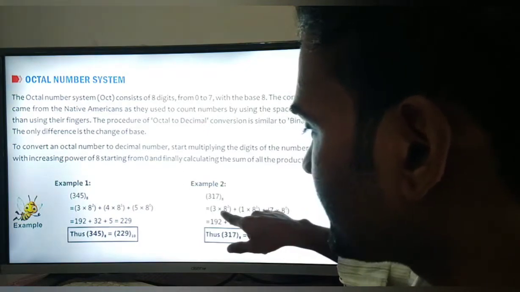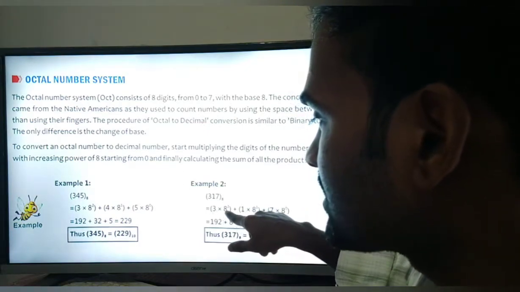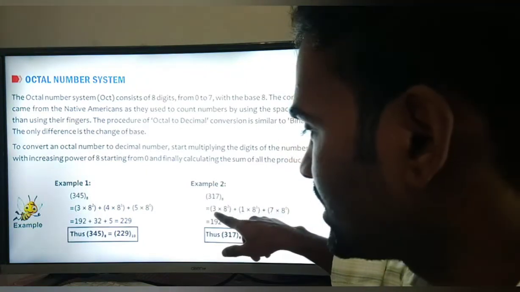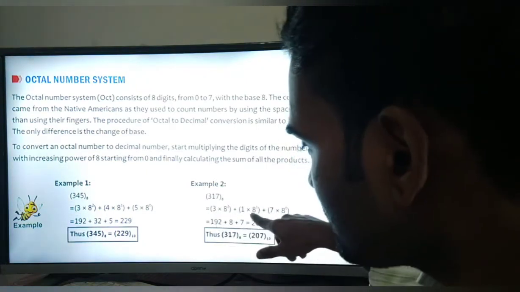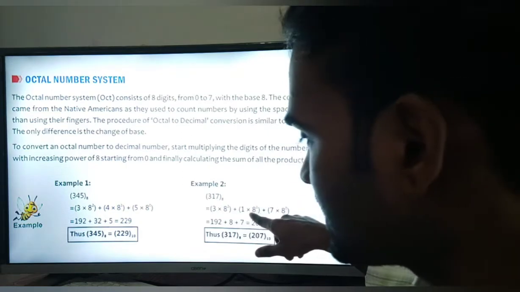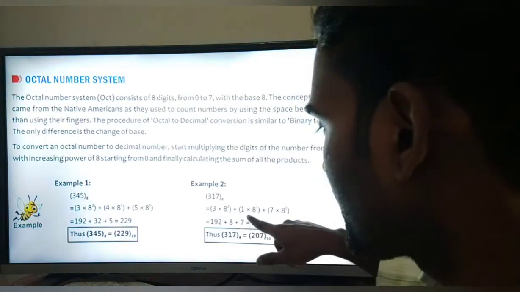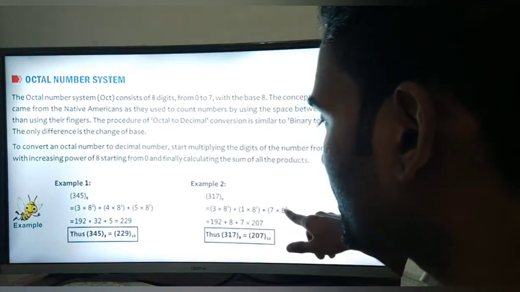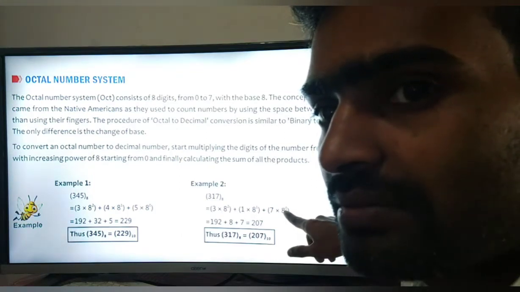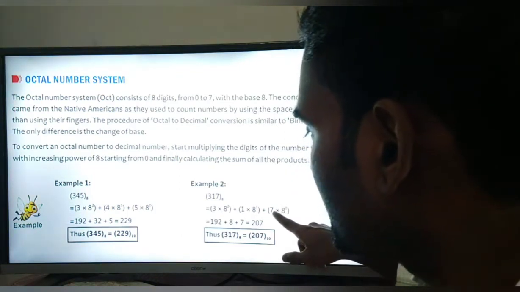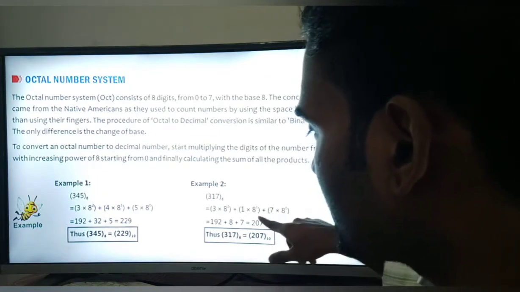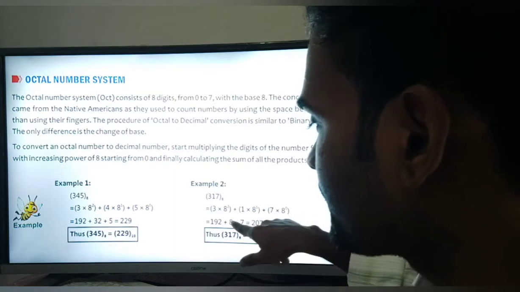When we calculate, 8 squared is 64, and 64 into 3 is 192. 8 power 1 is just 8, so 1 into 8 gives 8. And 8 power 0 is 1, so 7 into 1 gives 7.